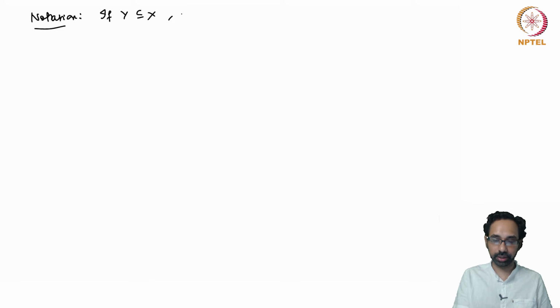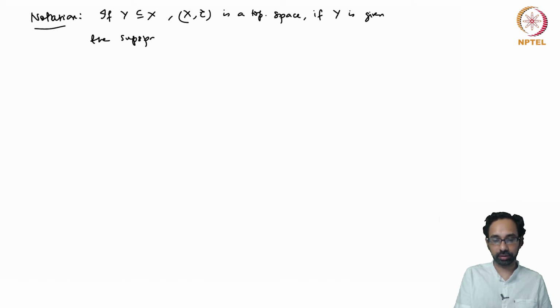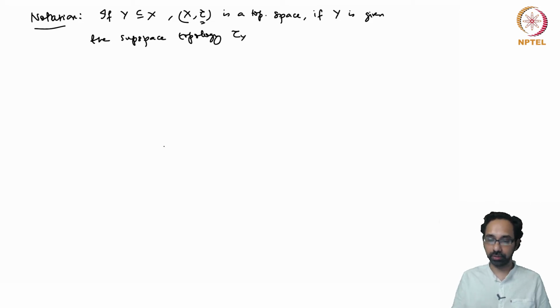Now I'll just fix a notation. So if Y is a subset of X and X has some topology, so (X, tau) is a topological space, then if Y is given the subspace topology tau Y coming from tau, we write (Y, tau Y) with a triangle pointing towards the left, and then we write (X, tau) on the right.